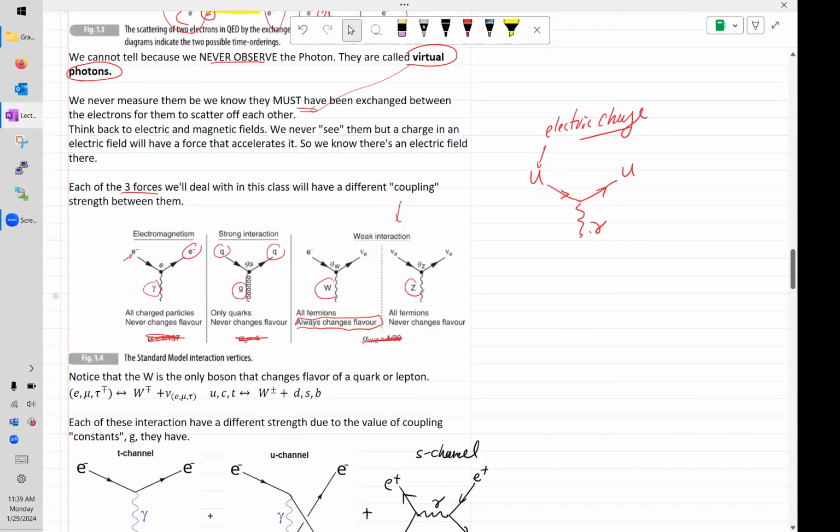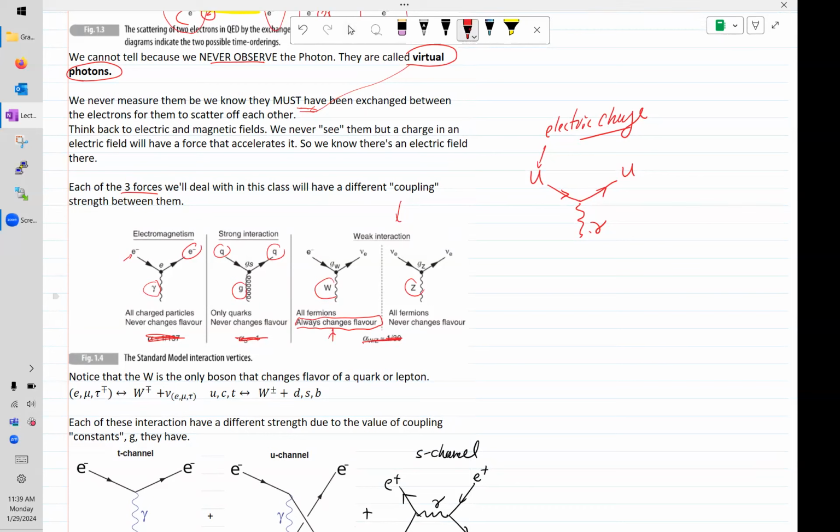By flavor, we mean, is it an electron? Is it a neutrino? Is it an up quark or a down quark? These are different flavors. Technically, if you're comparing the muon to an electron, that's also kind of a flavor, but it's better to refer to them as different generations of the same flavor. So the reason for that is that it always changes flavor.